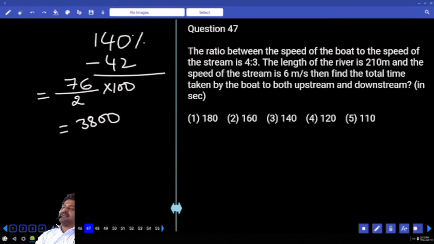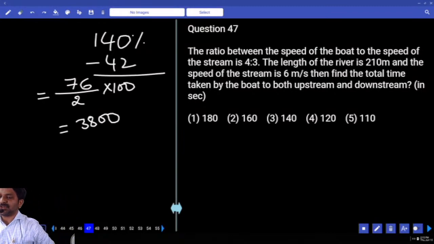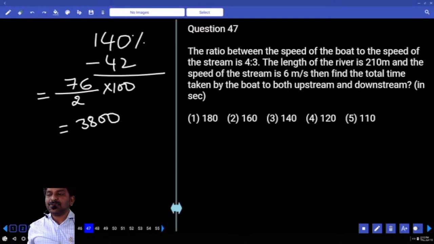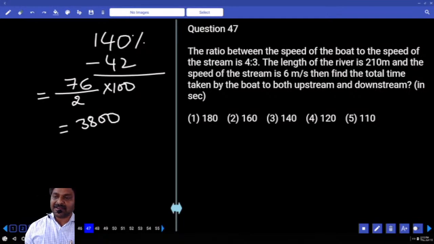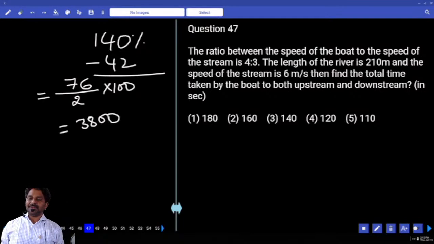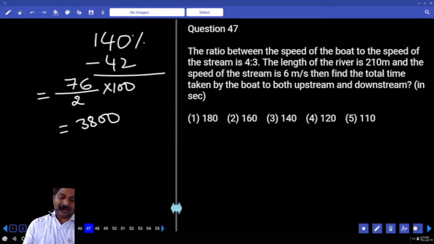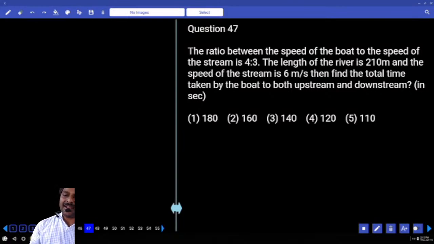The ratio between the speed of the boat to the speed of the stream is 4:3. Man's speed to stream speed only. The length of the river is 210 meters and the speed of the stream is 6 meters per second. Then find the total time taken by the boat to travel upstream as well as downstream. So time is what we need to calculate, and we were given the length of the river, which is 210 meters.